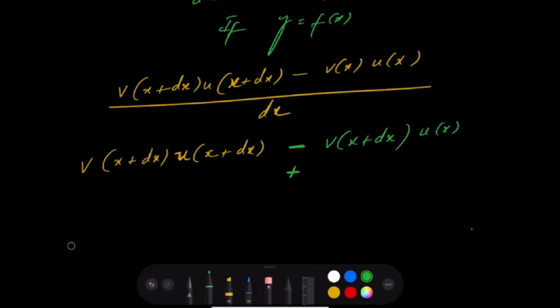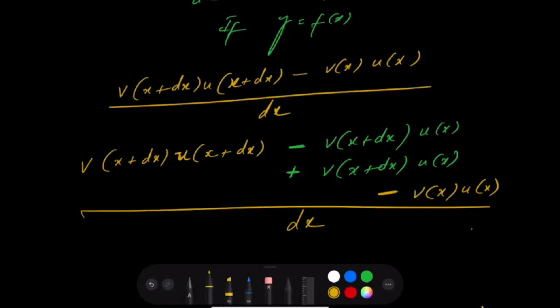I have to add it, right? Because I cannot just subtract it. So plus v of x plus dx into u of x. That means I have subtracted and added this intentionally. Minus v of x into u of x remains. The whole thing divided by dx. Correct? Now, why did I add and subtract? You will understand now. Watch carefully.